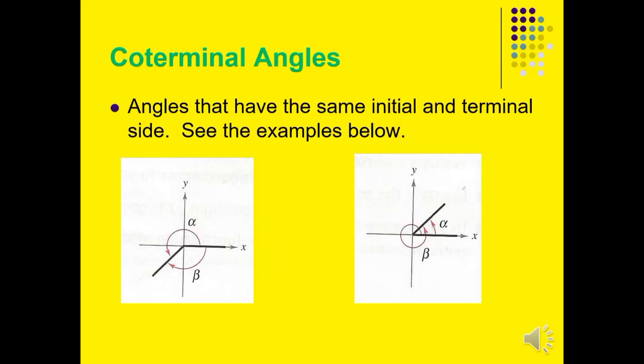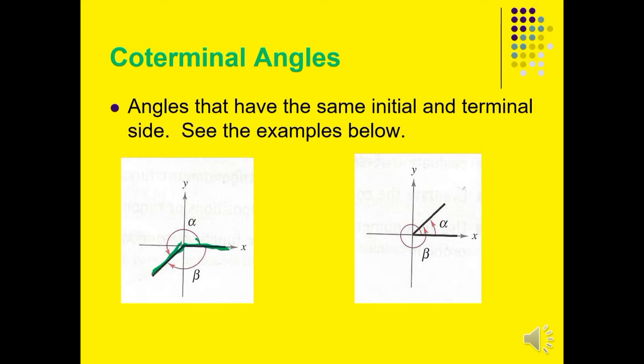So what does it mean about this coterminal side? It is an angle that can be formed from the initial side and terminal side. So here in this example, as you notice, this one is our initial side, and this one is our terminal side.